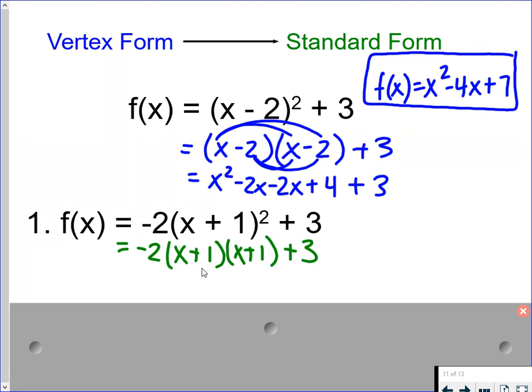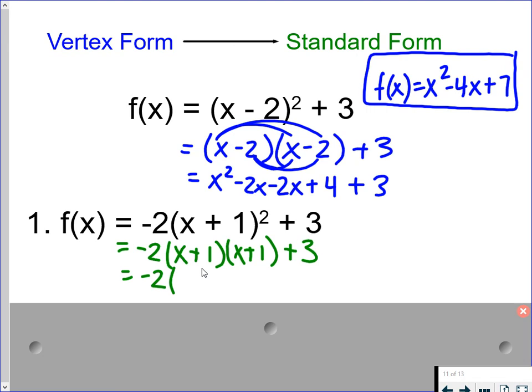Okay? So if I start off here, one method would be if you wanted to distribute the negative 2 to one of the x plus 1s, that's fine. And then double distribute. Me personally, I like to leave it at the end. So I hope y'all will start getting into the habit of realizing that you are adding these two together and multiplying them, just like factoring, going opposite.